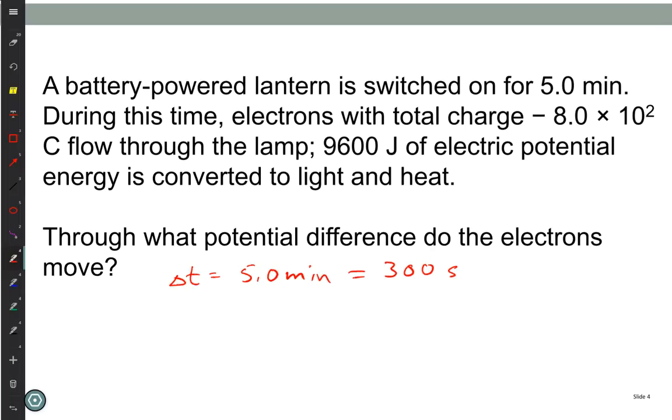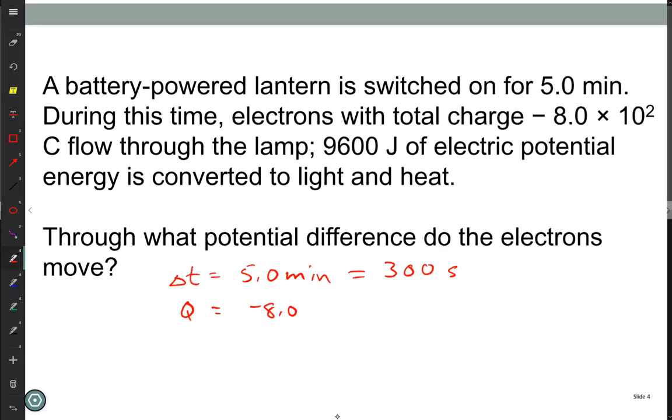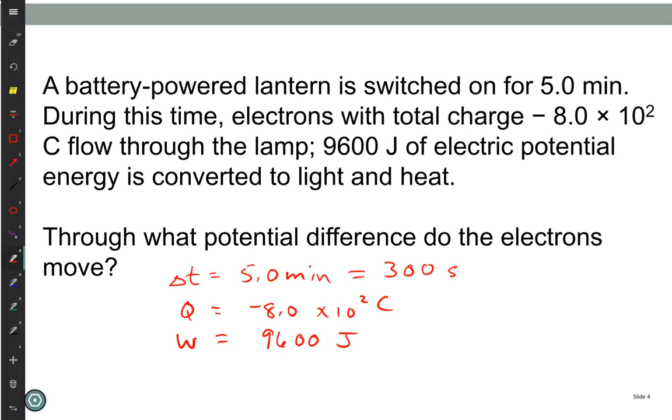And we have a total charge Q equal to minus 8.0 times 10 to the 2 coulombs. And we have the work equal to 9,600 joules. Through what potential difference do the electrons move?